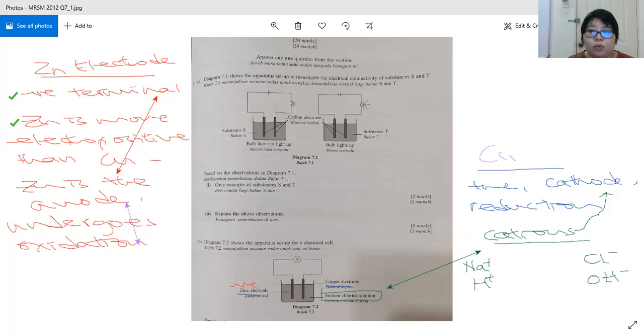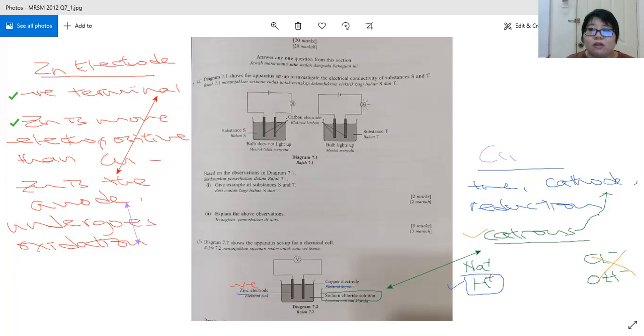Now in this case, we are not going to look at these two, because we want only the cations. So out of the cations, the sodium ion and the hydrogen ion, which is lower in the electrochemical series? We will find that the hydrogen ion is lower. Therefore, this hydrogen ion will be selectively discharged.